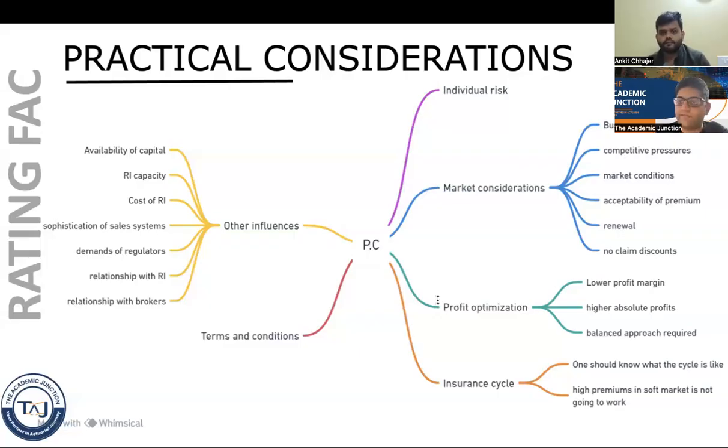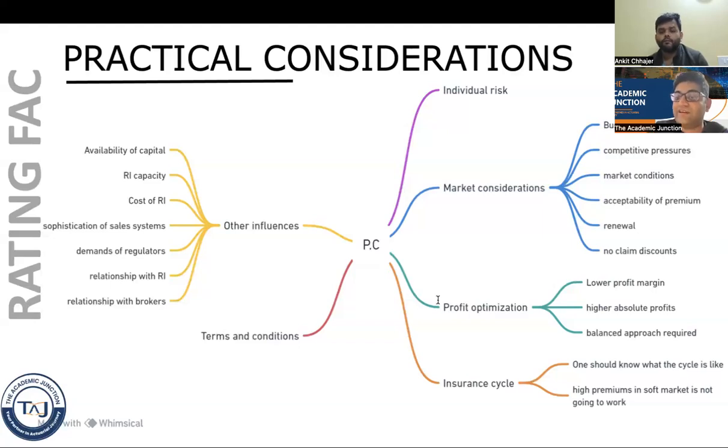When it comes to other influences, you have to look at availability of capital, cost and availability of reinsurance. That's a very important thing. So when you talk about reinsurance, don't only talk about the cost, also talk about the availability, right? Remember this. Cost and availability are two different factors because even if reinsurance is available, it has to be available at a cost that is acceptable to you as the insurer, right?